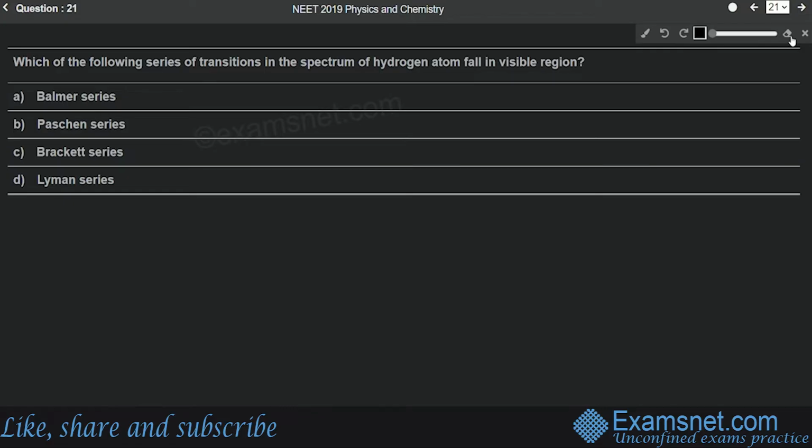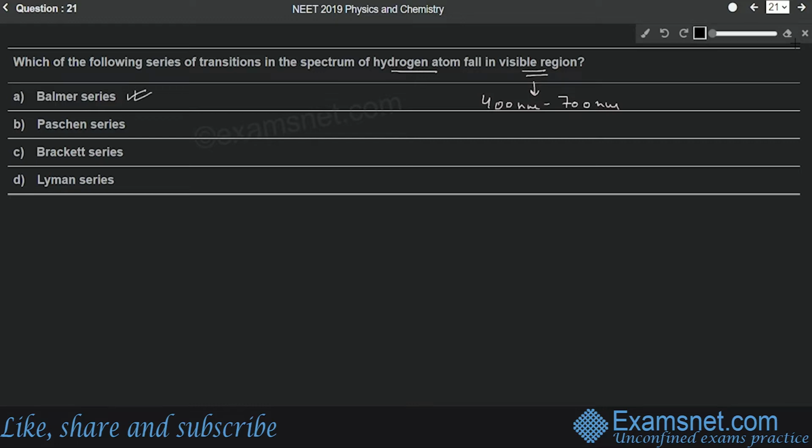Question number 21 is from the chapter Structure of Atom, and the question is, which of the following series of transitions in the spectrum of hydrogen atom fall in visible region? Okay, so we know that the wavelength range for visible region in the spectrum is 400 nanometer to 700 nanometer, right? And this is the wavelength range of Balmer series.